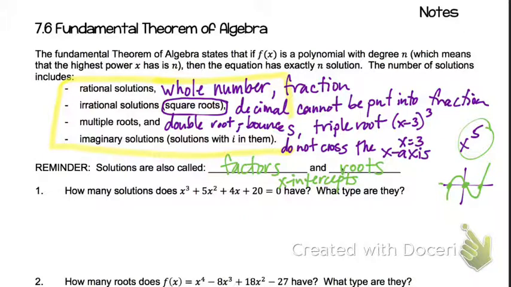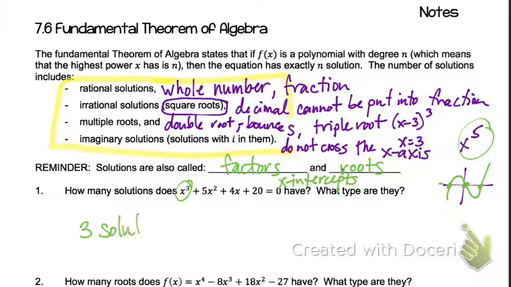So on number 1, how many solutions does x cubed plus 5x squared plus 4x plus 20 equals 0 have? And then what type are they? So the only way to decide what type they are is by actually graphing. But I can look at this and decide how many solutions they'll have based on the highest degree. So how many solutions does this have? 3.